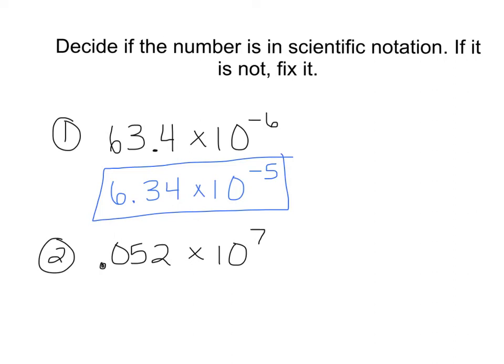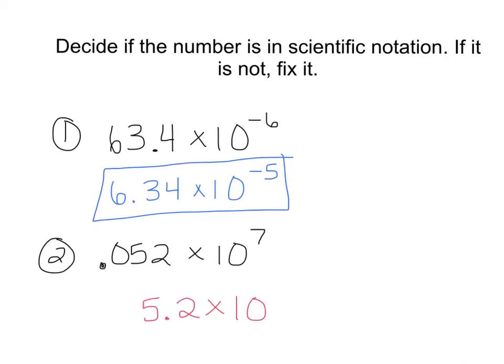Number 2, 0.052 is not between 1 and 10, so we want to use the number 5.2 instead. That number is between 1 and 10. Since the first number changed, the exponent will have to change as well.